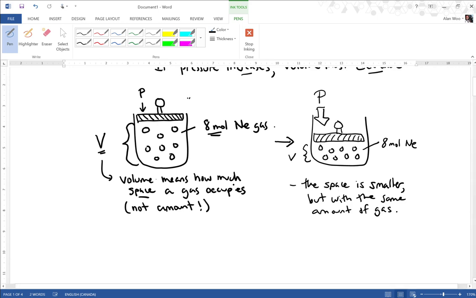So in both these scenarios here, temperature is going to be, let's say, 20 degrees, room temperature. Because later on you'll realize that if temperature changes, that's going to affect volume as well. So if temperature is the same and the amount of moles doesn't change, everything else is constant, then we can use Boyle's law, which can be represented in a formula.